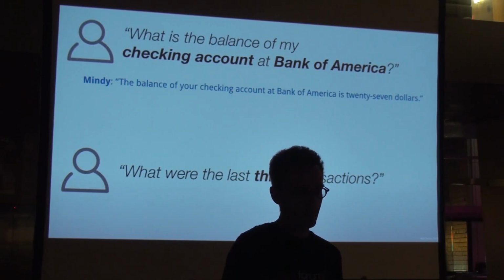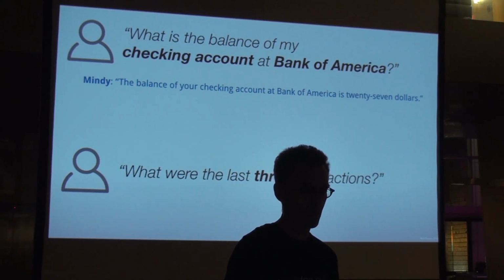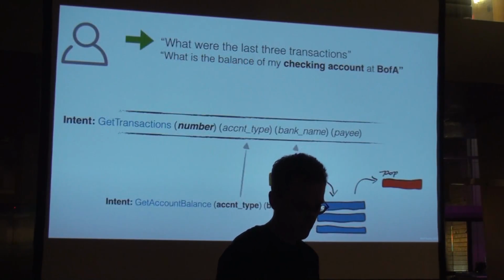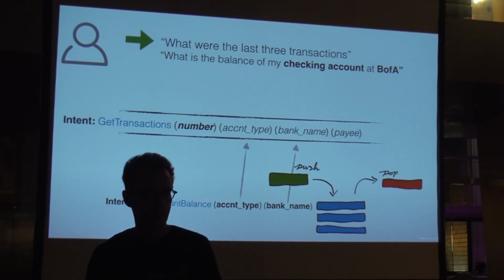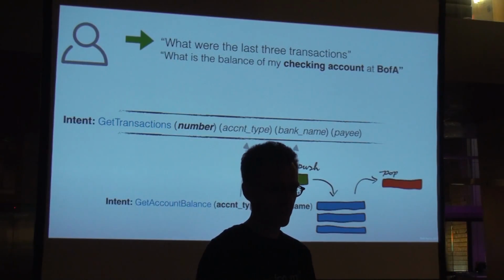So now, if you look at the question now, you would probably think the 3 transactions are now looked at in the context of the checking account at the Bank of America. So how can we make use of this? You can just put all these intents with all the entities onto a stack.